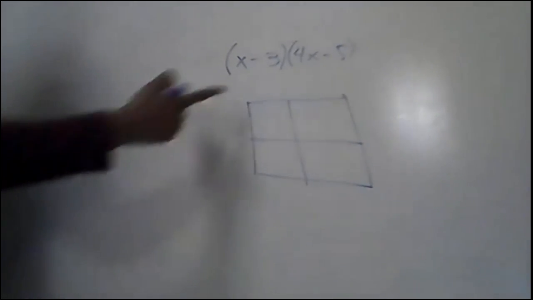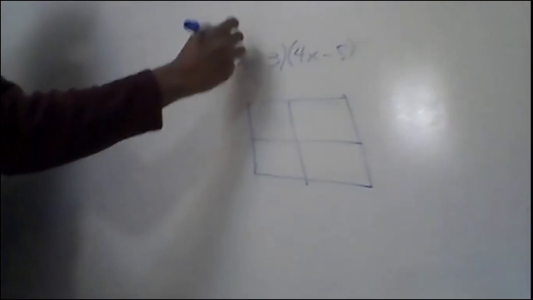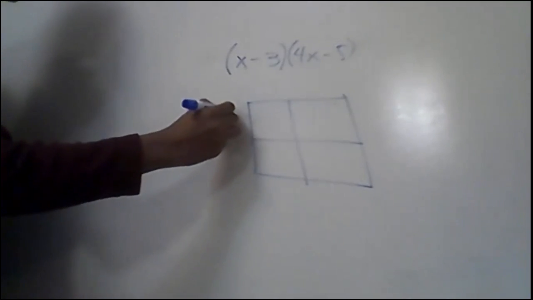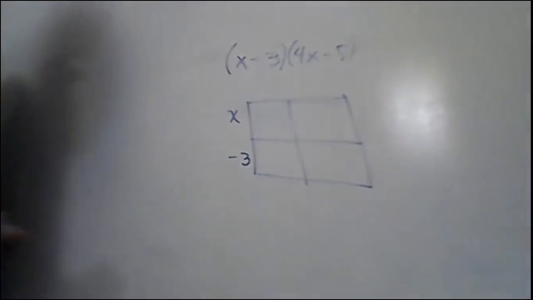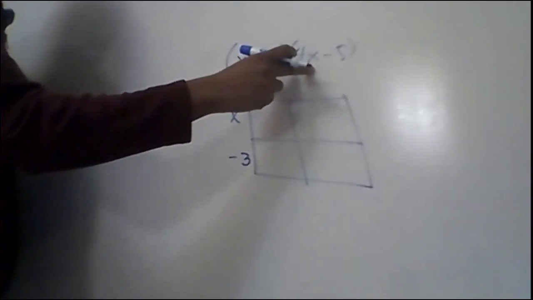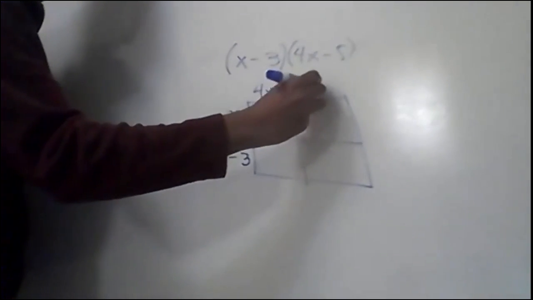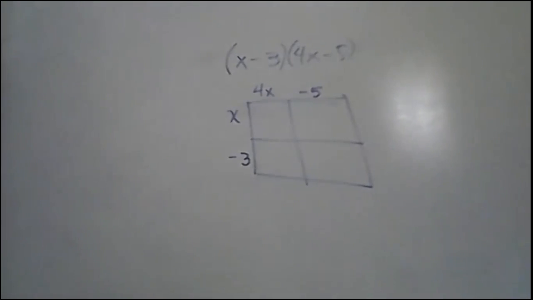Then you take each of the binomials and split them into 2 parts. So this x minus 3 has 2 parts: an x and a minus 3. This binomial here has 2 parts: a 4x and a minus 5. 4x minus 5.